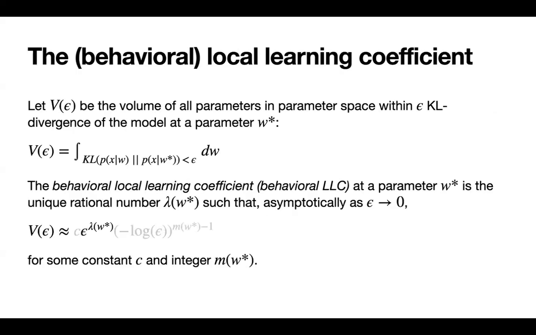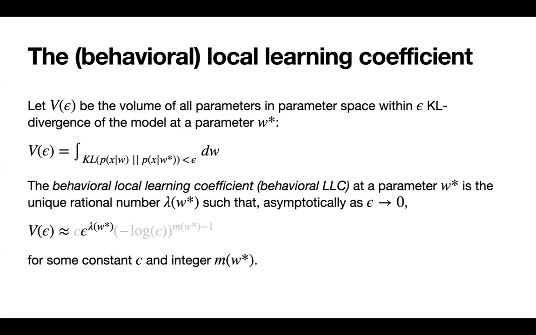So what is this behavioral local learning coefficient? You have to define this volume of all parameters in parameter space within epsilon KL divergence of, let me say, the behavioral local learning coefficient, right, is local, so it's about some parameter W star. So W star is the parameter that we're measuring the behavioral local learning coefficient about.